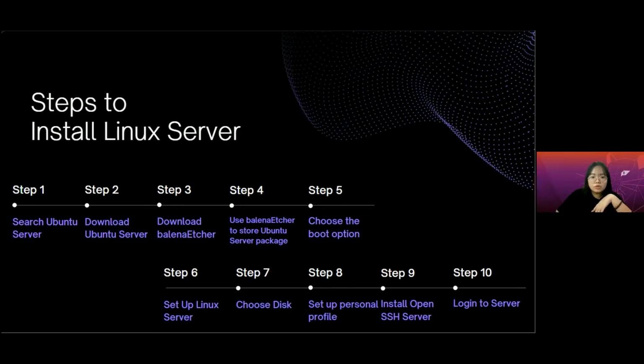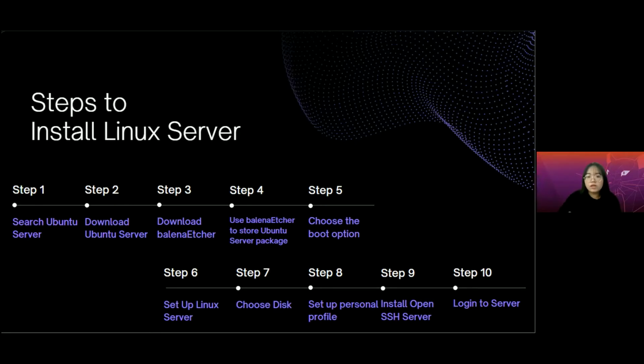So now we are going to explain step 8, which is set up our personal profile. After confirming the partitions, we need to fill in our personal profile and a password. Step 9 is install the OpenSSH server. After we complete our personal profile, the system will let us choose whether we want to install the OpenSSH server or not.